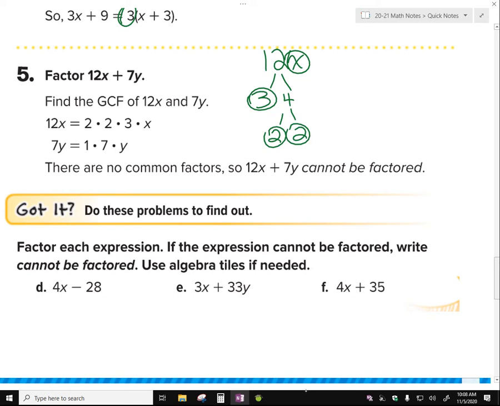You don't need to factor out a 1, because of the multiplicative identity property, we know that if we multiply anything by 1, it's going to still be that same thing. In this situation, there are no common factors. Notice how we can't circle anything. So that's your answer. They cannot be factored. And there are 2 questions on your homework where that's the answer.